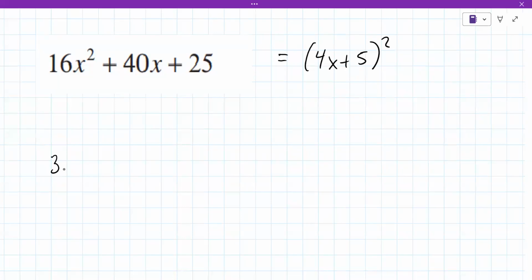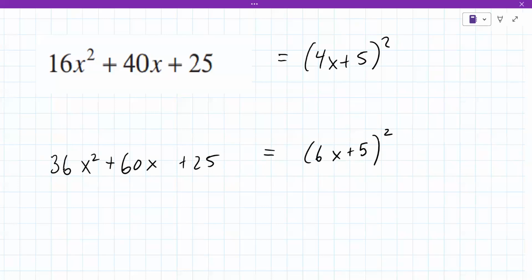I'll just write this one: 36x squared plus 60x plus 25. What does this become? That will become (6x plus 5) squared. Good. Okay, now there's another variation on this.